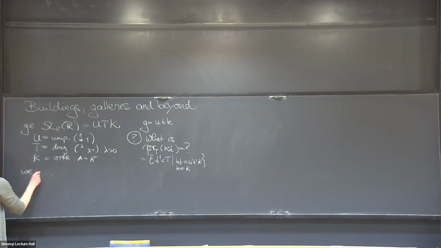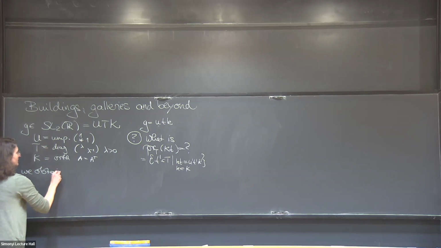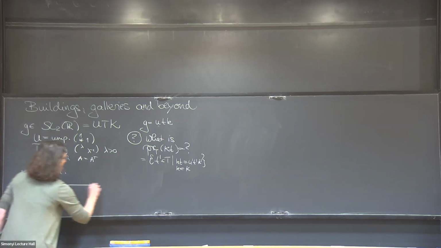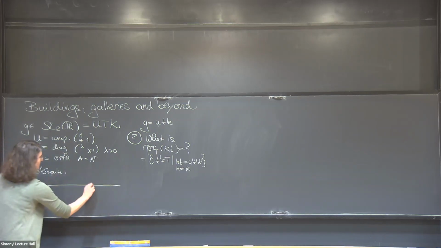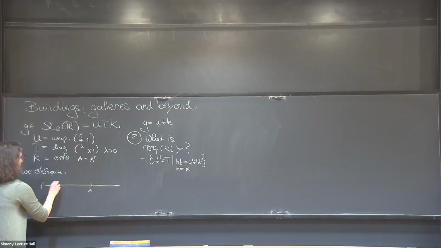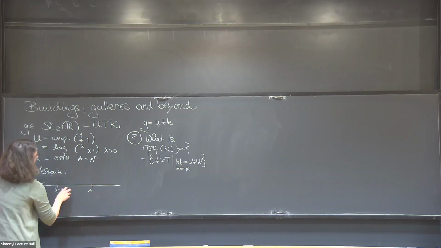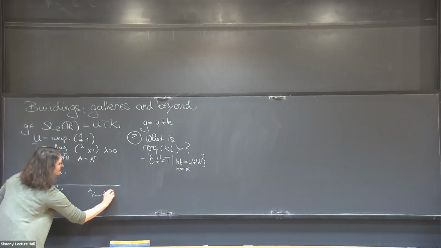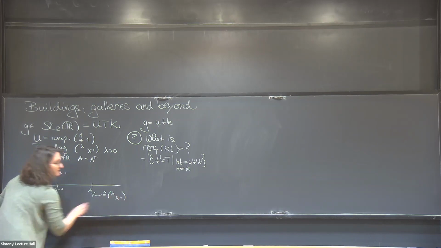And what you obtain is the following. These t's, I can encode them as a positive real number, and maybe lambda is bigger than lambda inverse. Then it looks like this. And such a lambda actually stands for now this matrix in T, okay?